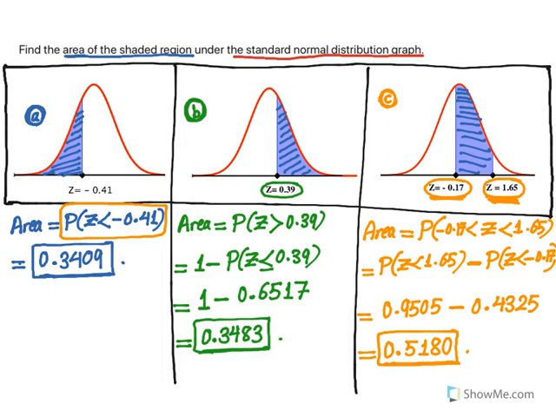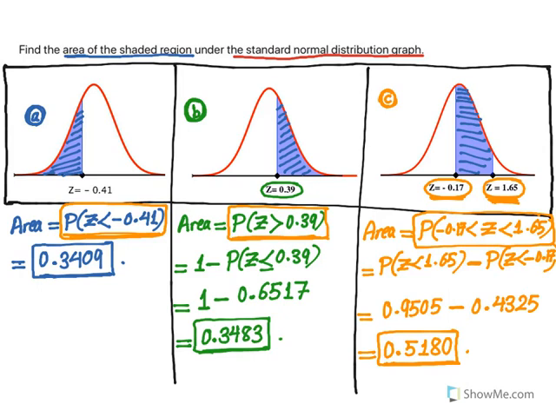I could ask you: find the probability Z less than, or Z bigger than, or Z between two values. The question can be either the graph with the area, and you need to find the area, which is the same as the probability in this case, or the question can be direct, that it gives you the probability already.